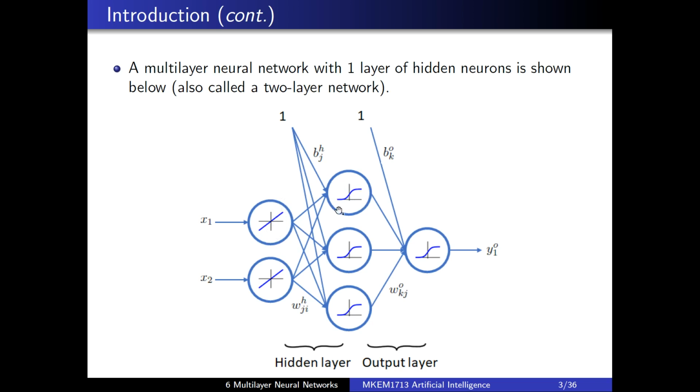And this type of activation function is called the logistic activation function, or sigmoid, where you would have infinitely many outputs between 0 and 1. So you cannot have anything below 0 or greater than 1, but you can have infinitely many values.